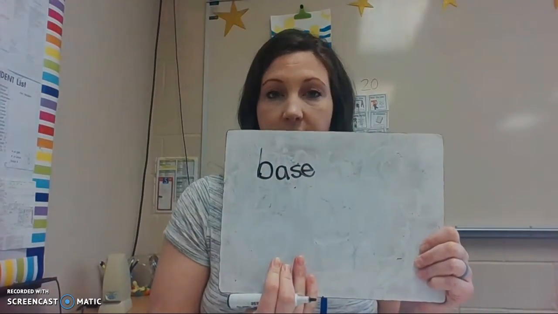All right, the next lesson is silent E. We also have talked about this, so this should be kind of a refresher for you. The word baseball would be an example. Base is spelled B-A-S-E, like that.